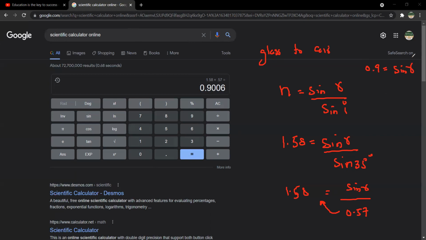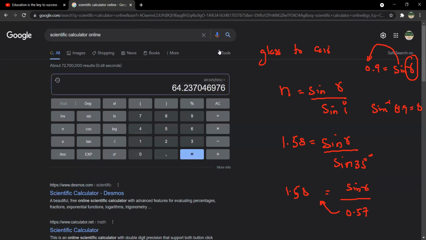But we need R, we need the angle. So this sine will move to the other side. Whenever sine moves to the other side, it will become sine inverse 0.9. So sine inverse 0.9 will be equal to R. So on your calculator, you will use shift or inverse sine. The answer, the last answer.